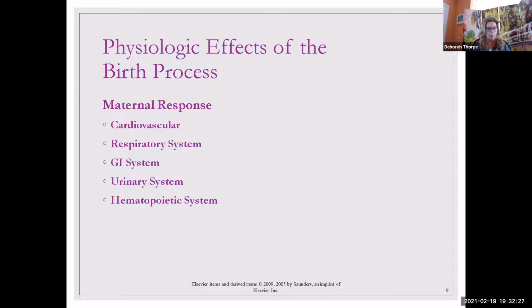That being said, it used to be that we had docs, I worked with one doc that wouldn't even give them ice chips during labor. And it just seemed so counterintuitive. Here's this woman who, yeah, you're giving her IV fluid, but she's thirsty. She has these needs.